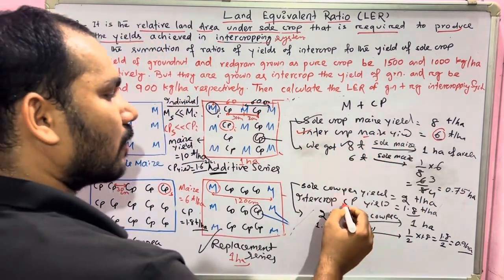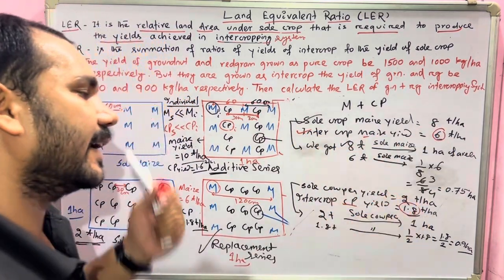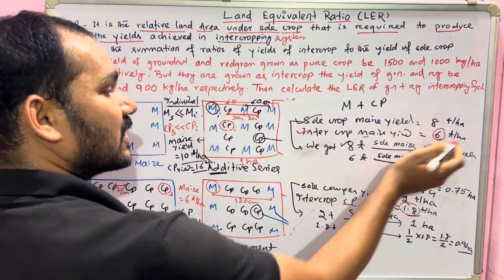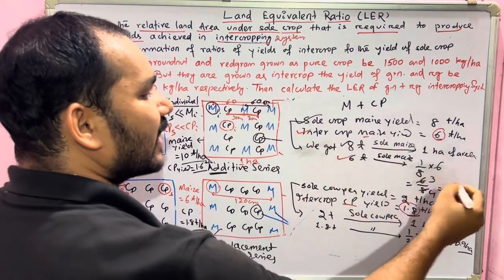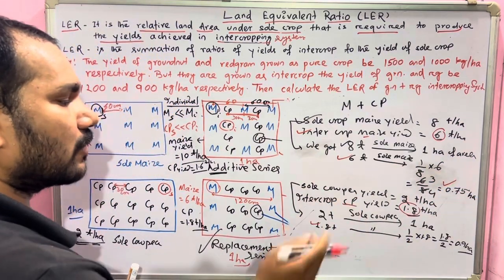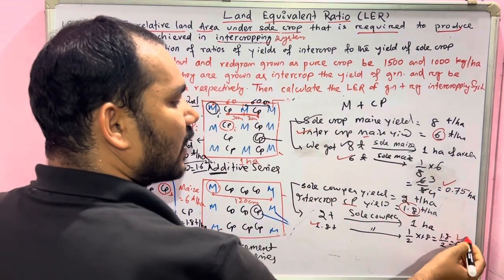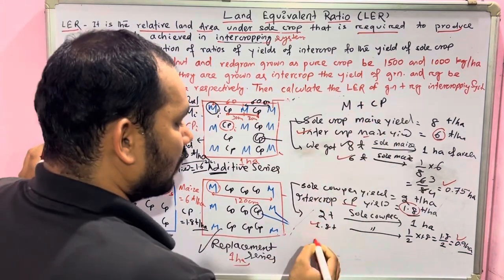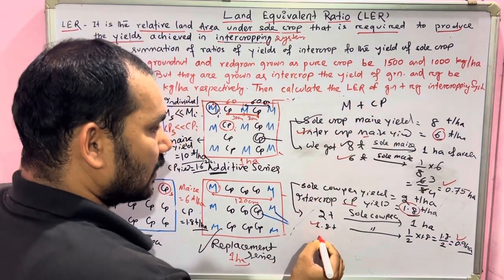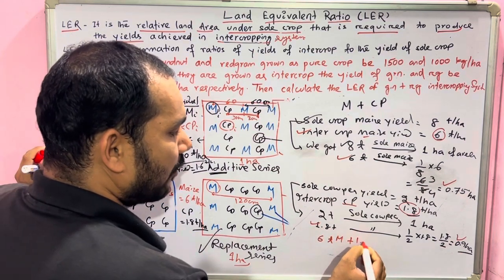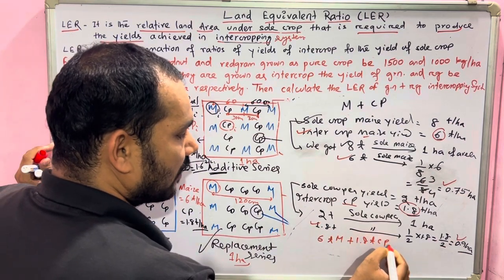What is the intercrop cowpea? It is 1.8 ton. The question is, in order to produce 6 ton, how much of sole area is required? 0.75. In order to produce 1.8 ton of cowpea, how much of area is required? 0.9 hectare.